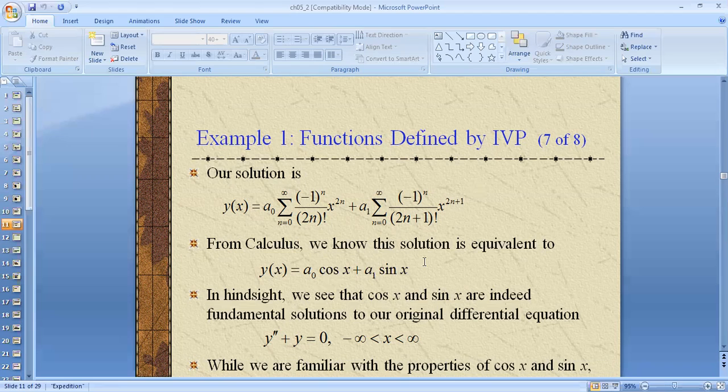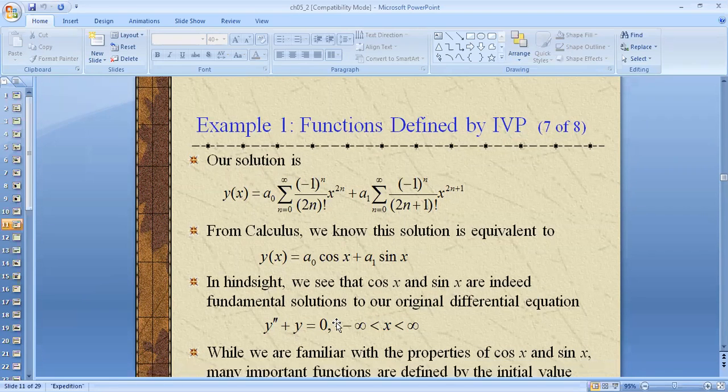From calculus, we know that the solution is equivalent to y(x) equals a0 cos x plus a1 sin x. Solving this by the constant coefficient method, m squared plus 1 equals 0, so m gives complex roots.